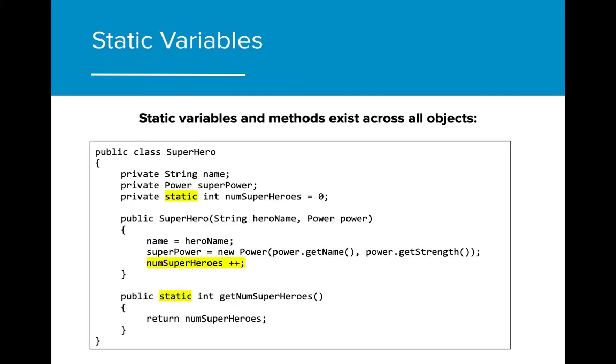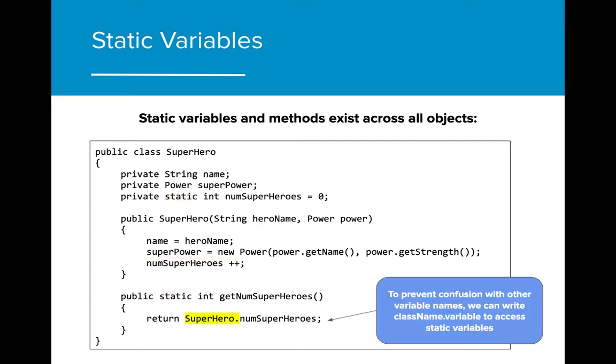Static variables, however, exist across all of the objects of a class. If we were to add the keyword static to the getter method and numSuperheroes, we will get the result that we intended. When creating static variables, it's good practice to use the className.VariableName notation.